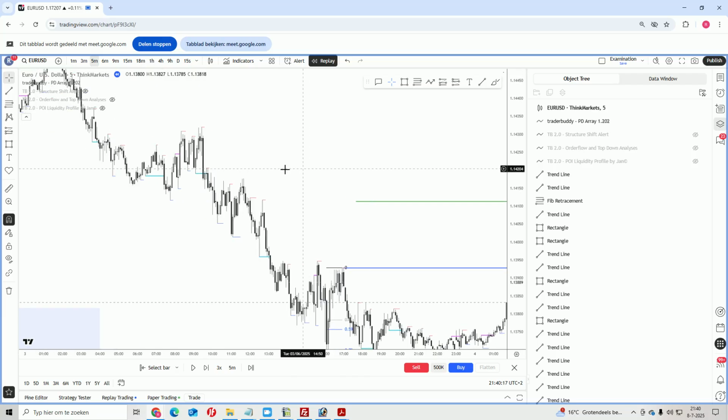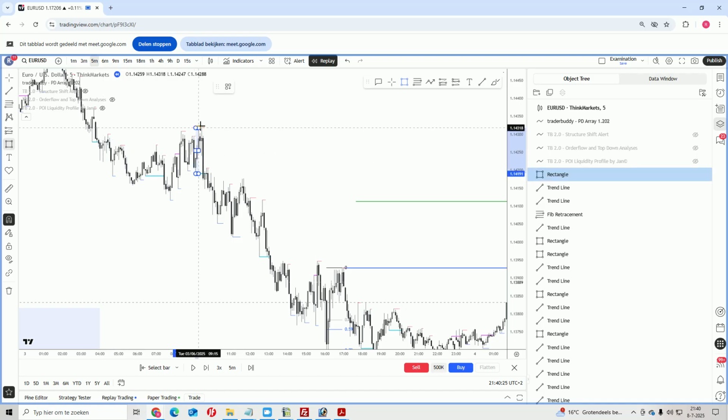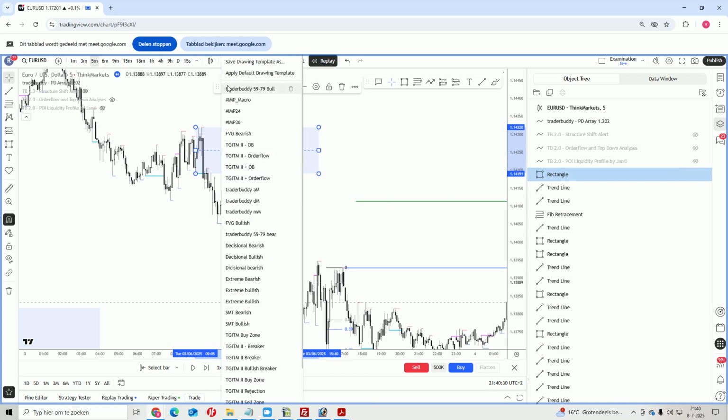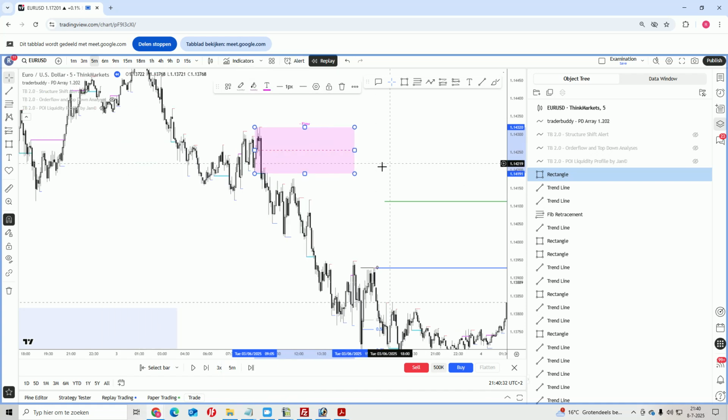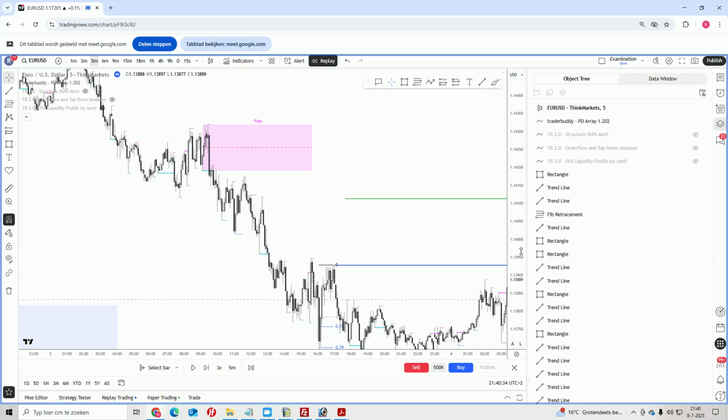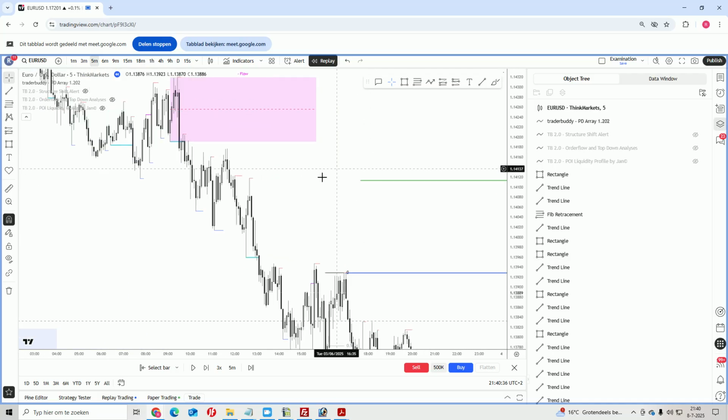Well, as soon as you see a break down of an old low, then you can draw a box from this old low to the high up there, and this is called order flow. This is bearish order flow. So where is it a valid close?